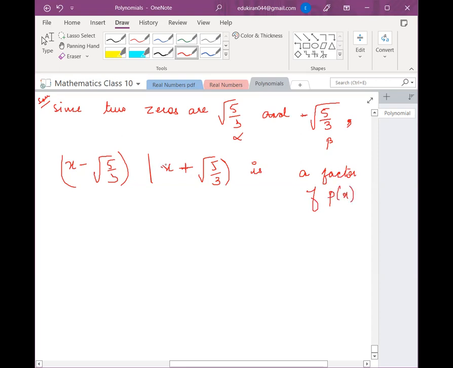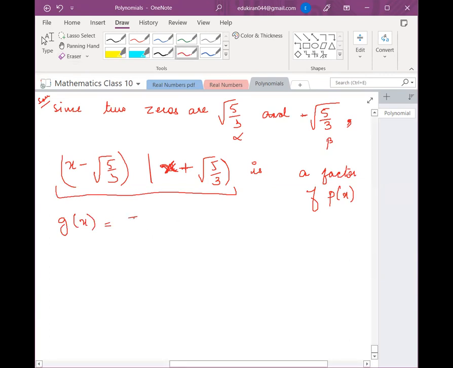So far understood? I mean, the multiplication of these two factors is also a factor. So this I'm calling gx. So let's say my gx is equal to this thing, x minus under root, wait.